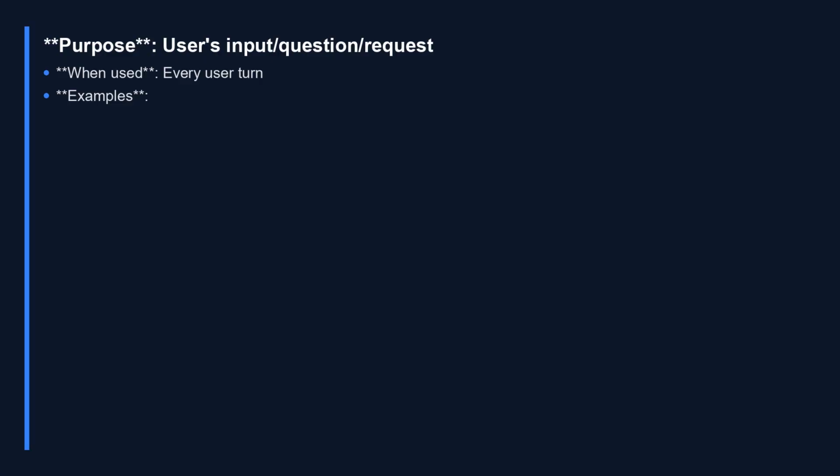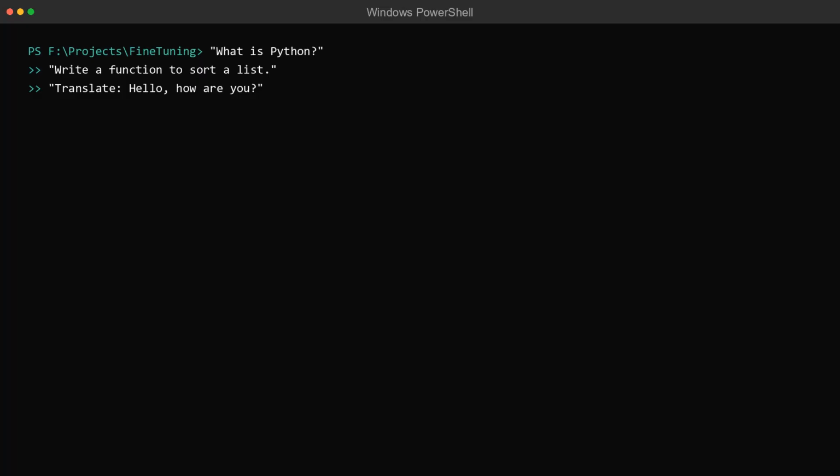User messages are straightforward. They carry whatever the human typed. But it's worth noting that user doesn't have to mean a literal human at a keyboard. In automated pipelines, the user role often carries programmatically generated prompts. The model doesn't know or care. It sees a role label and content and responds accordingly. User messages can be anything. Open-ended questions like "What is Python?"